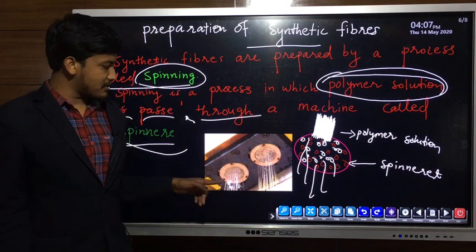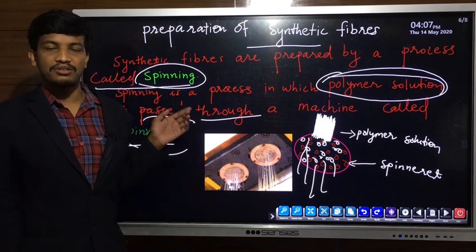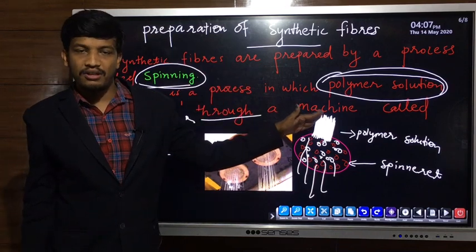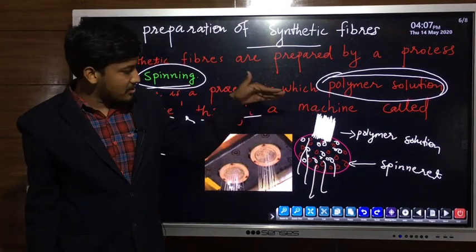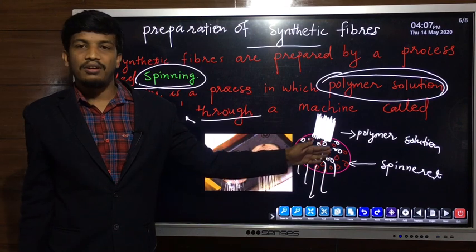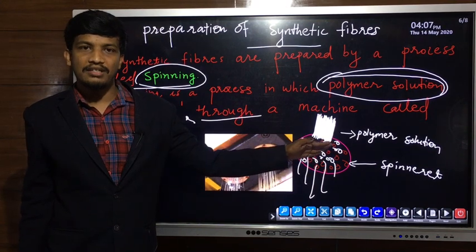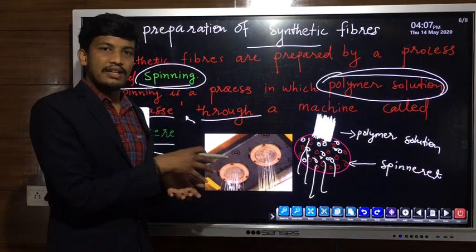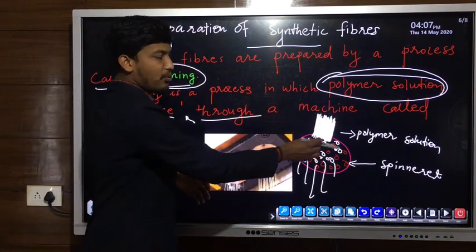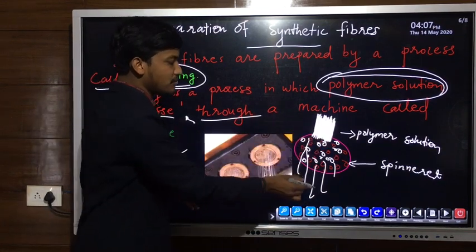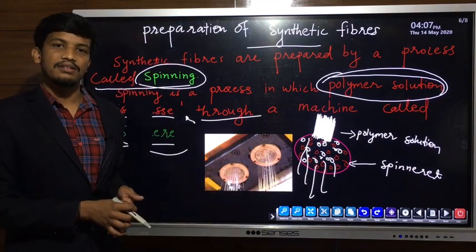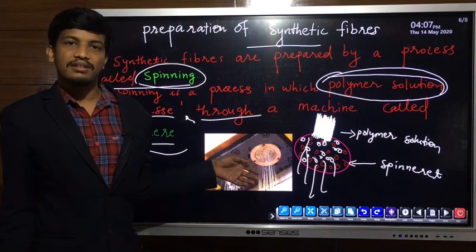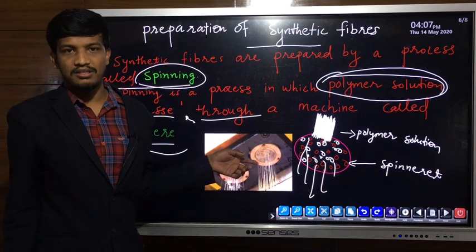So this process is called spinning. During spinning, we will pass the liquid mixture of chemicals through the holes of spinneret, and the liquid polymer is converted into the form of filaments. And from these filaments we get fiber.